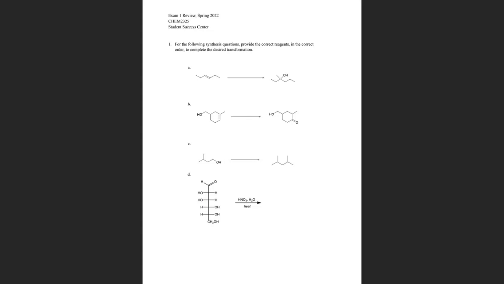Okay. Sounds good. So, if you guys can see, we start off with an alkene, with a double bond in the middle, and then we're going to a tertiary alcohol. What I always like to do when I'm given a problem like this, where I have to come up with the steps in between, is count my carbons. I think that really helps put into perspective what is going on in the problem.